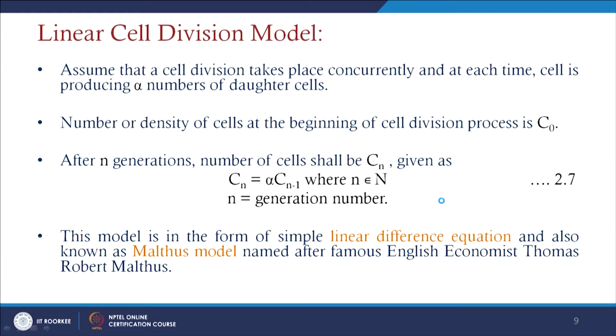After n generations, the number of cells is C_n, given as C_n equals alpha C_(n-1), where n belongs to the natural numbers and is the generation number. This model is in the form of a simple linear difference equation and is also known as the Malthus model, named after the famous English economist Thomas Robert Malthus, who developed it.